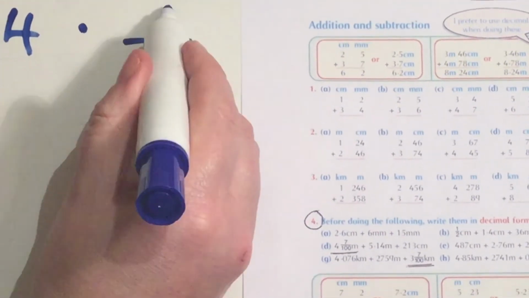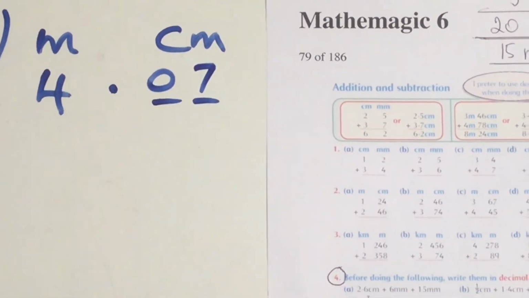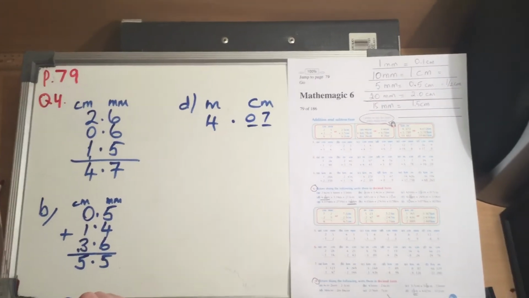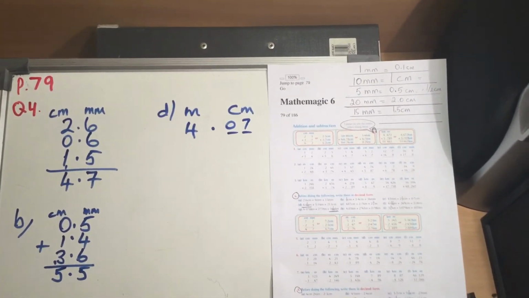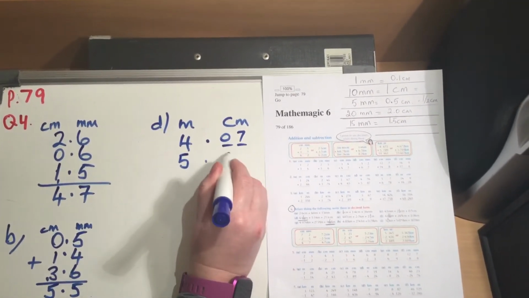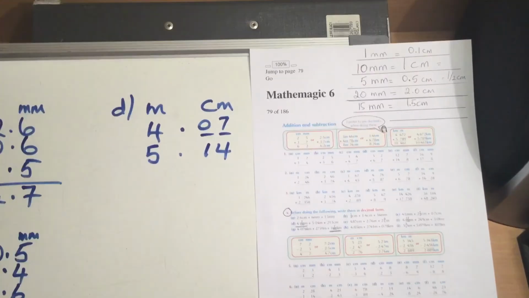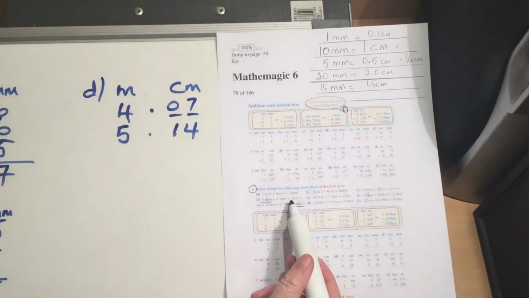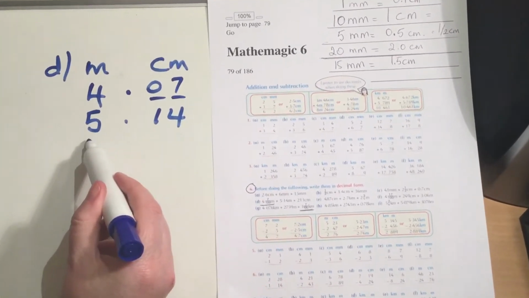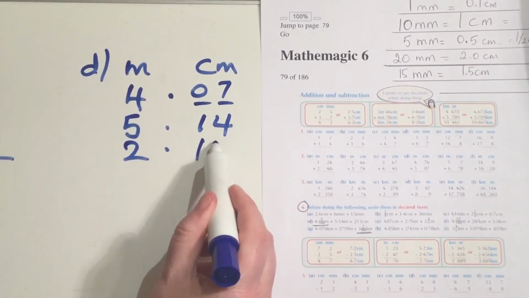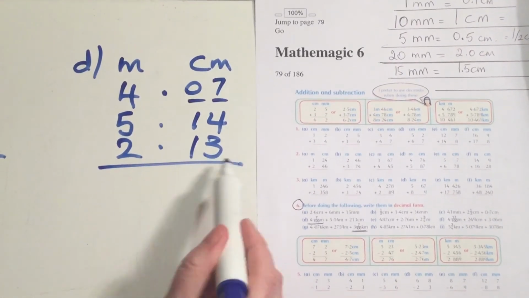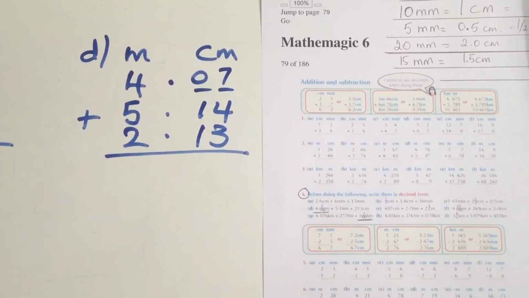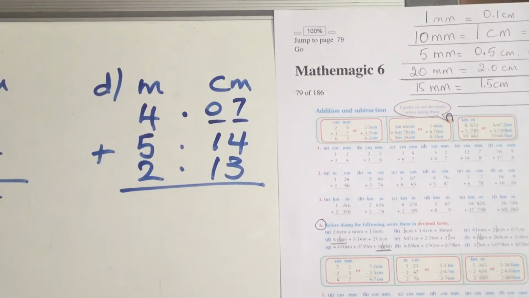So we have 7 on top, 0, 7. 5.14 and 213 centimetres. 200 centimetres is 2 metres and 13. I'm not going to add that one. You can do that yourself.